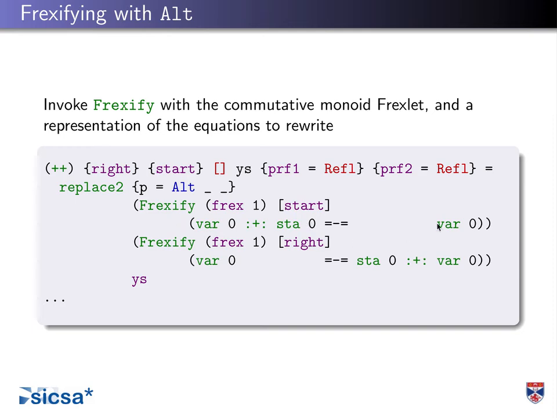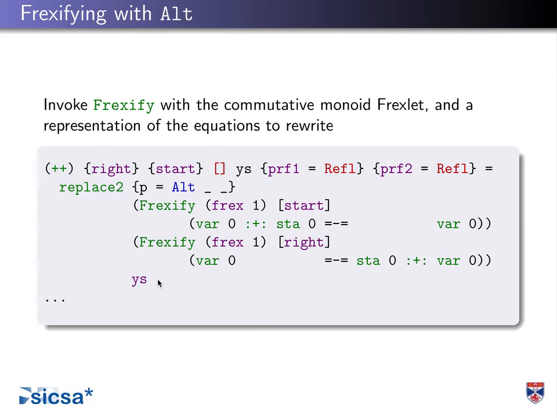This could be an arbitrarily complex expression as long as it's in a commutative monoid. And then this Frexify is for the second index. Assuming this succeeds, this will rewrite the types to the same normal form. We can now just return the list as we'd have hoped.